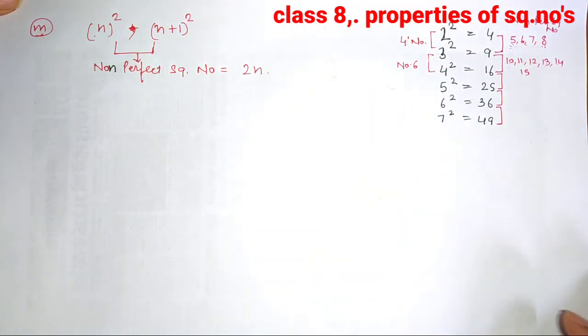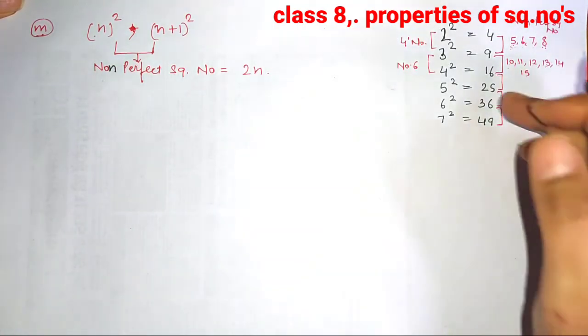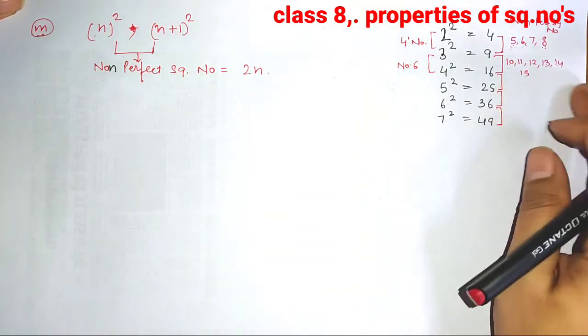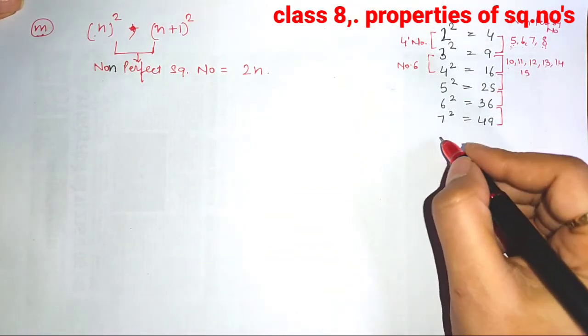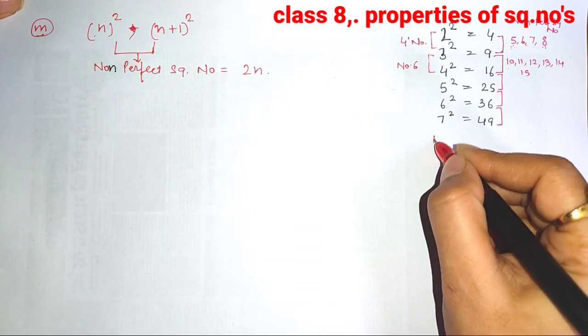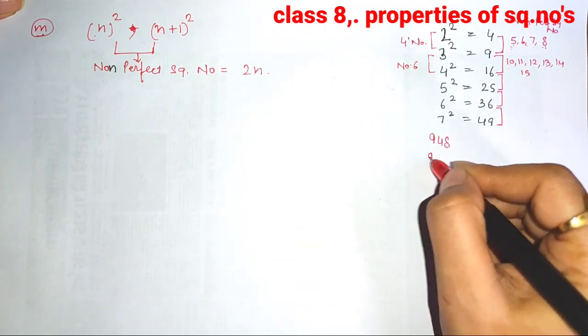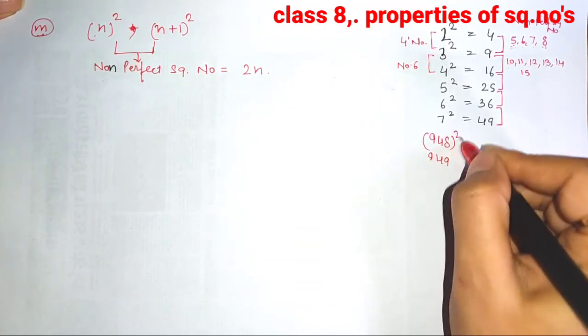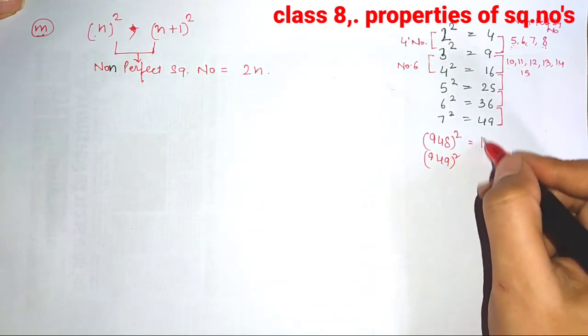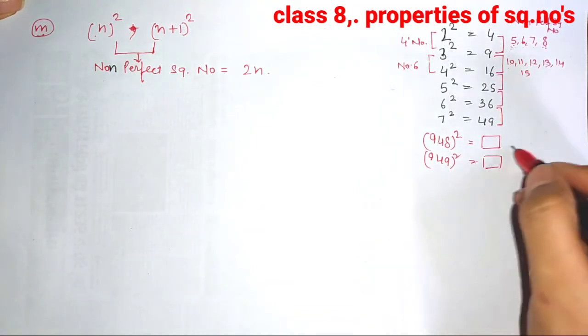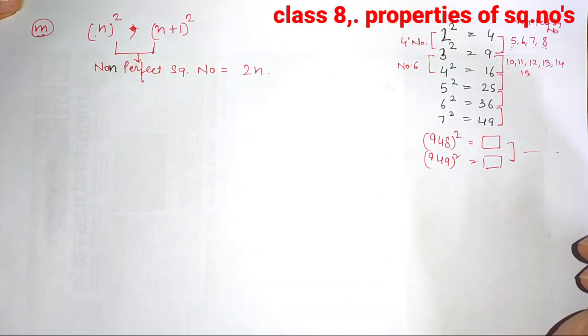But if we count, it's very difficult for us. First we have to find the squares, and then we have to count the numbers. If we take big numbers, it's very difficult. First we will get the answer, and then we count the non perfect squares between these two.